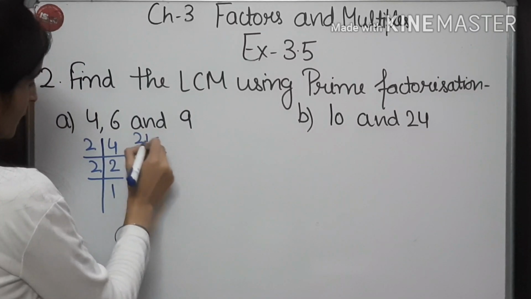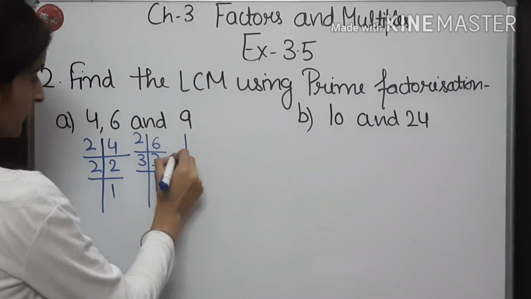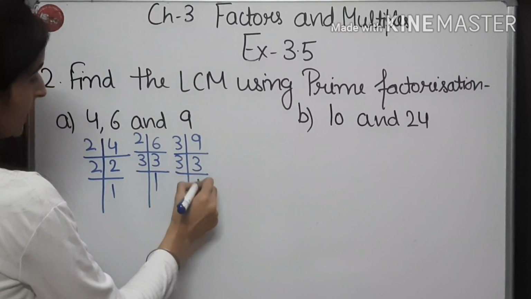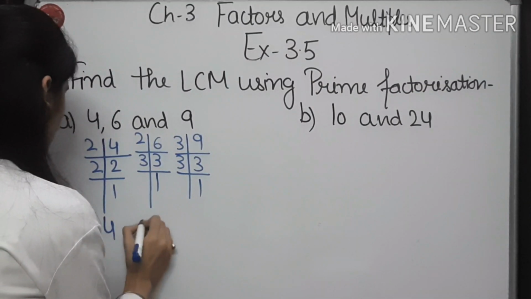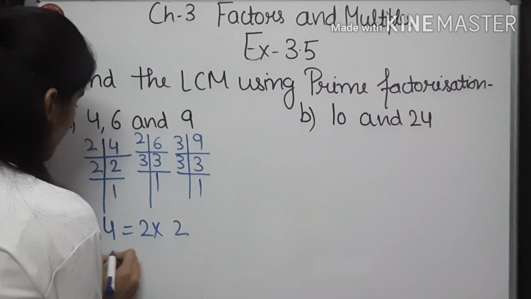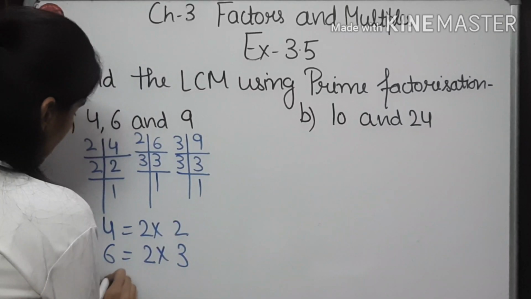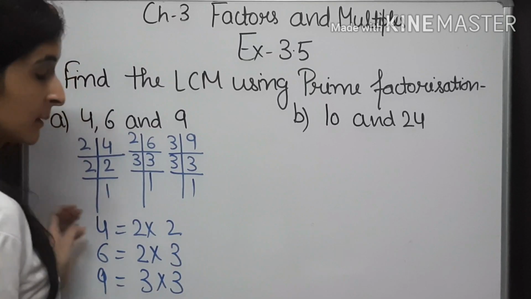And for 6 it will be 2 3s are 6 and 3 1s are 3. For 9, 3 3s are 9 and 3 1s are 3. So now children, we can write 4 as 2 multiplied by 2, 6 as 2 multiplied by 3, and 9 as 3 multiplied by 3.